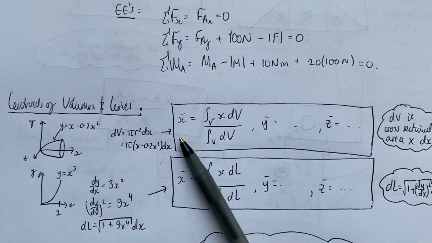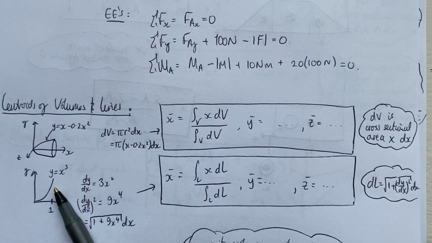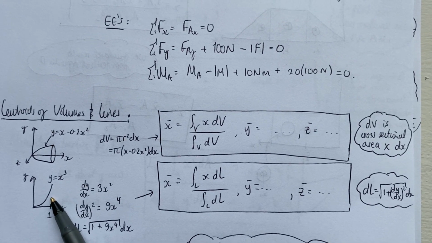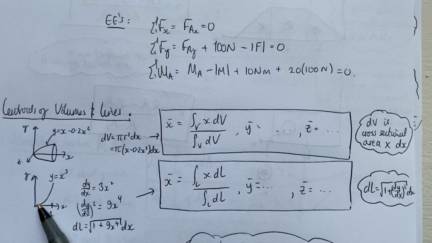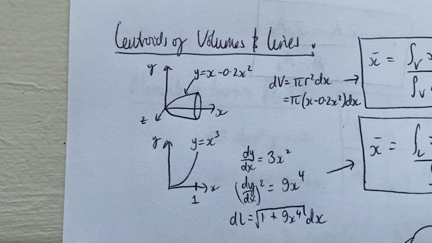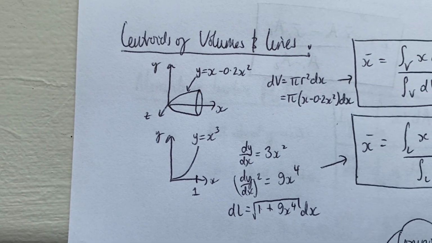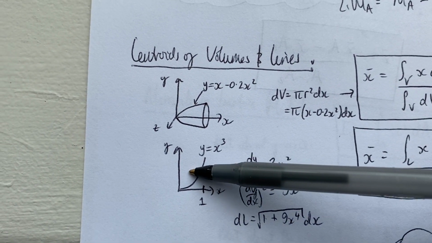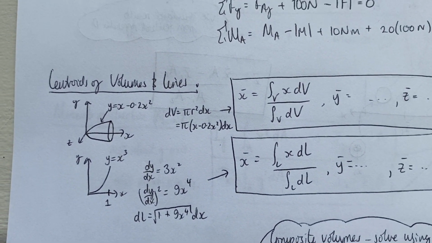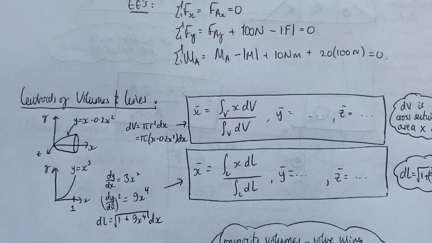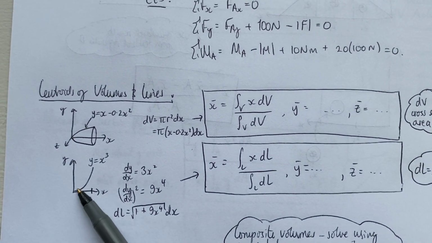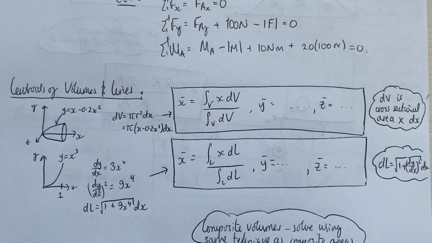And by the way, one thing to remember as well is that the centroid of an area or a volume or a line isn't necessarily on the object itself, right? So in the case of the line, y equals x cubed, it's clear that the centroid of the line is going to be over here somewhere, right? So that's something to be aware of as well. Don't get too spooked if the answer that you get is not actually on the line itself. If it's got some curvature to it, it may not be.